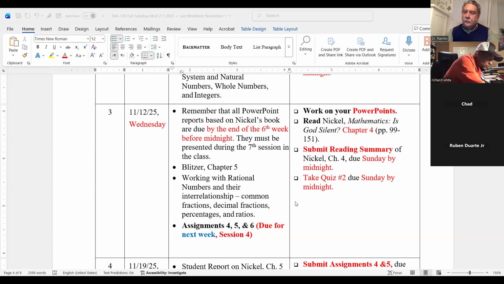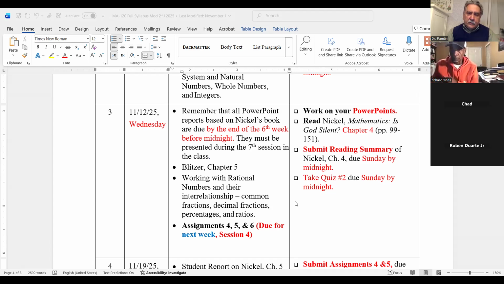Pick one of the chapters that you like and just let me know which chapter you have chosen. And remember, prepare a PowerPoint. I put an example for you, and you will share your PowerPoint at the last class session. And only about 10 minutes, not more than that.